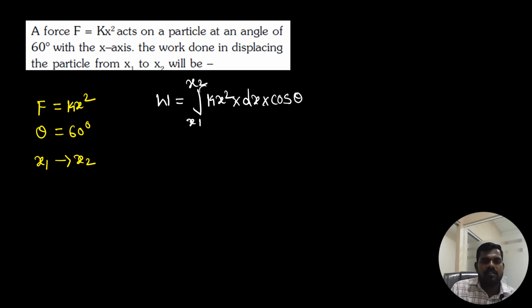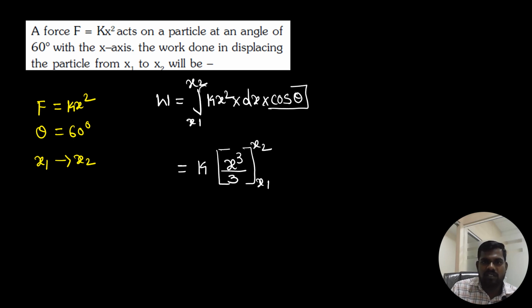Limits are, in this case, x1 to x2. But here the numbers are not given, it is given only in terms of x1 and x2. That is equal to, here k is the constant, integration of x square means x cube by 3, with limits x1 to x2. Theta is given as 60 degrees, and the cos 60 value in this case is 1 by 2.